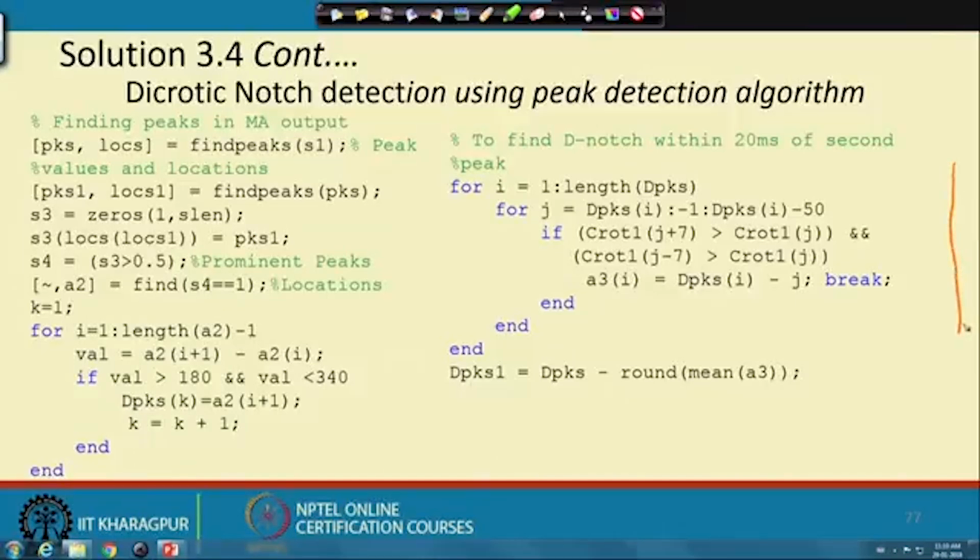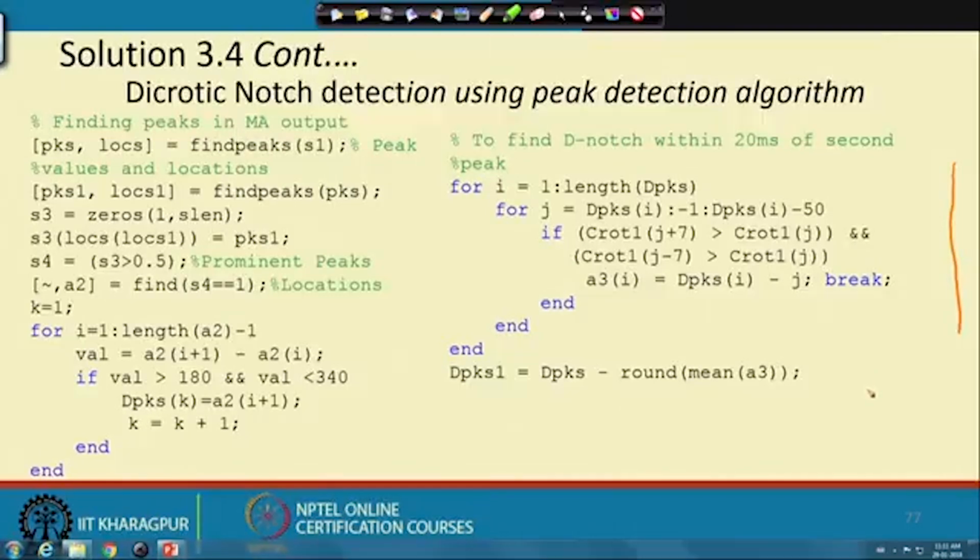We are looking into that and trying to find out a prominent dip, that is the points which are plus minus 7, that are above this point. Okay.